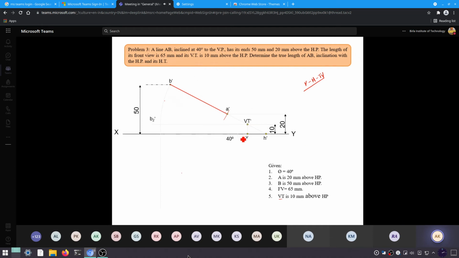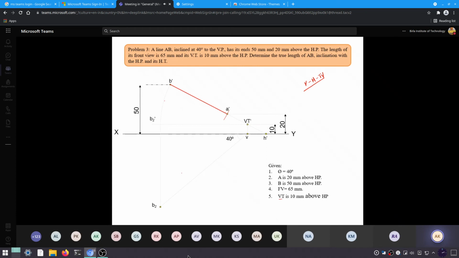So from this point, we draw a 40-degree line, and this line meets this particular B2 dash at this point.